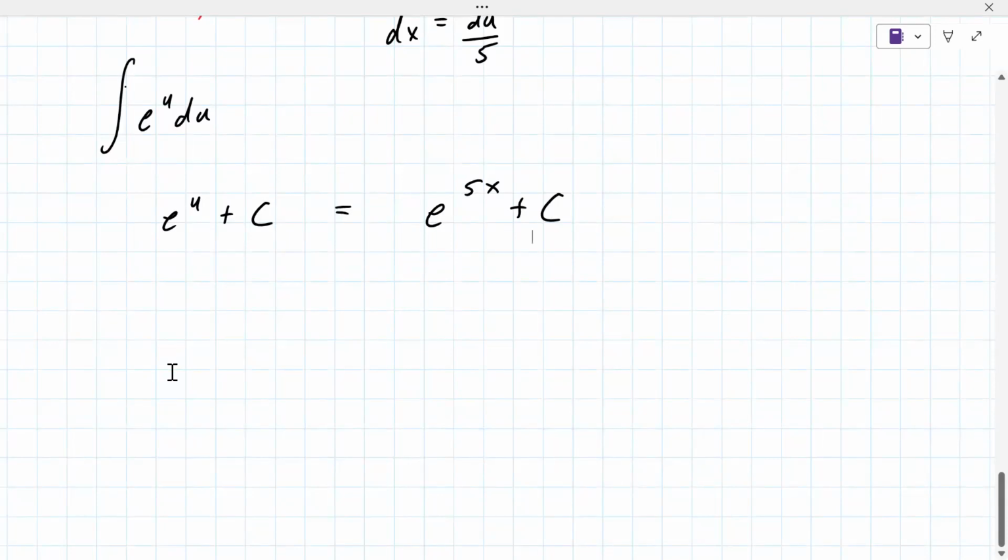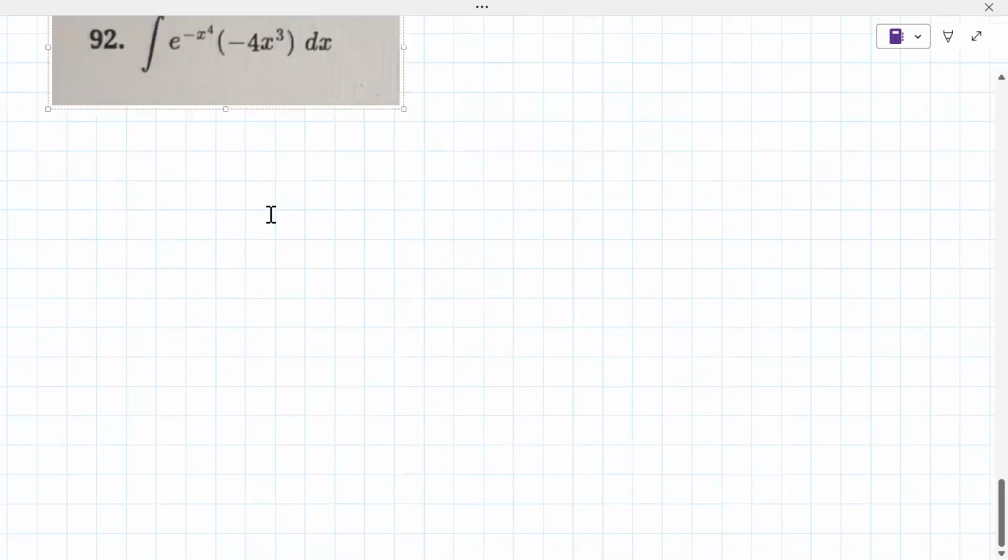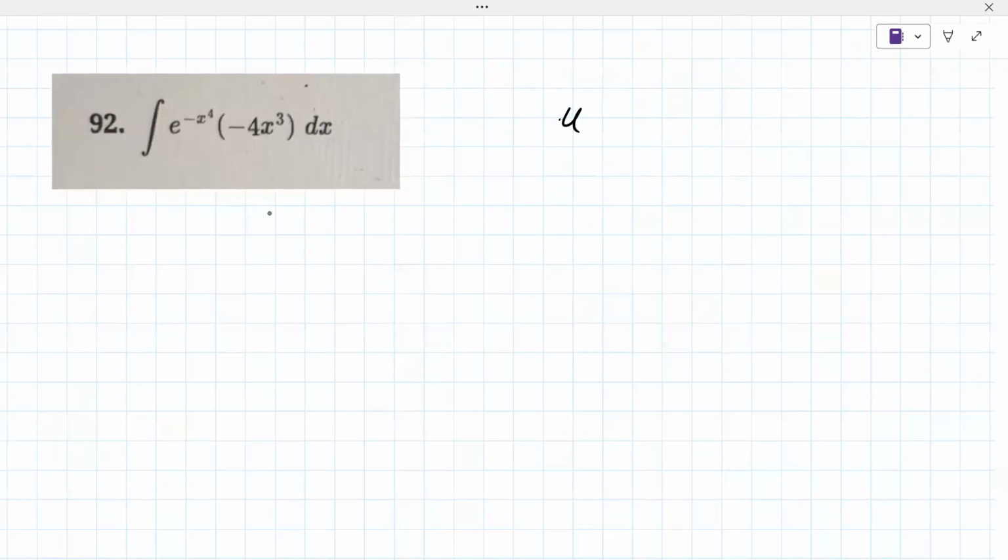So let's look at, I don't know, we'll do 92 next. So again, u is typically the exponent. So du is, well, why don't you give me the derivative here?